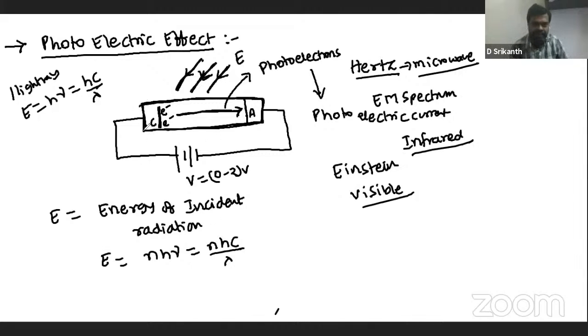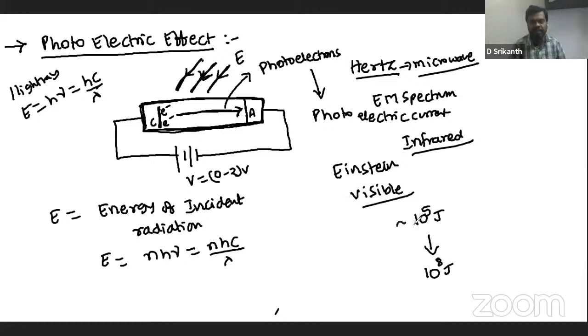Each metallic surface has a limitation. Suppose the metallic surface needs 10 power 5 joules; if I give 10 power 8 joules, then the metal will not absorb the energy because there is a huge difference.